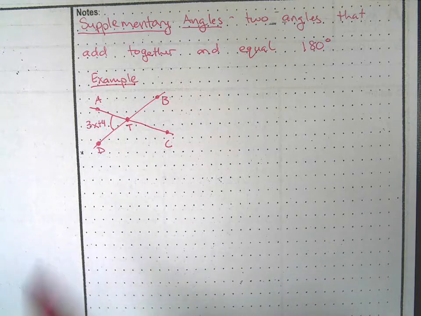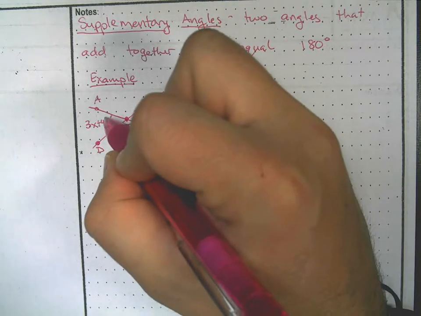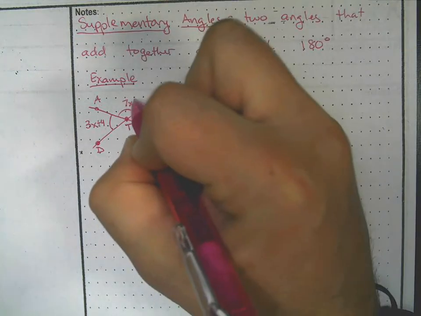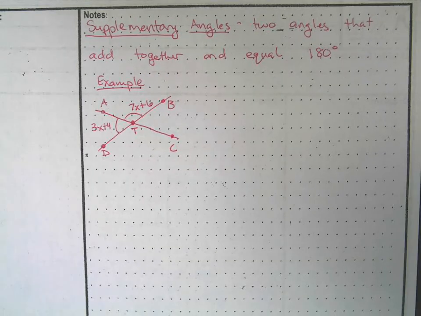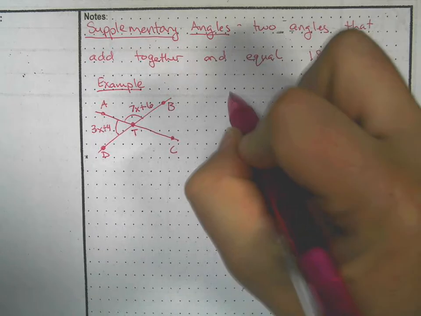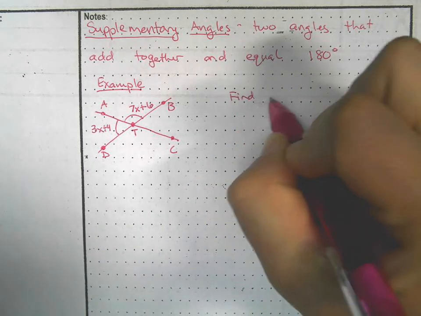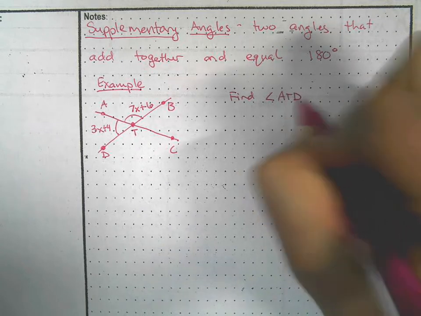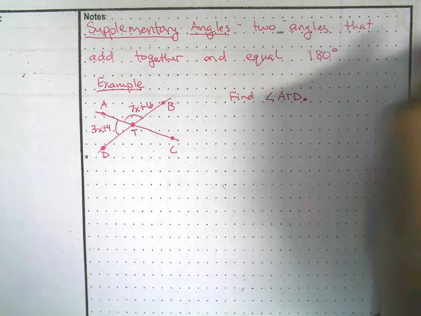So I've got this angle is 3x plus 4, and then this angle over here we will say is 7x plus 6. And our goal is going to be to find angle ATD. Find angle ATD.